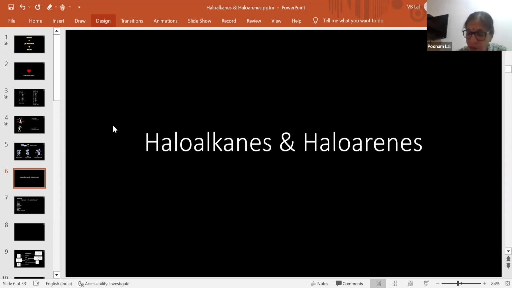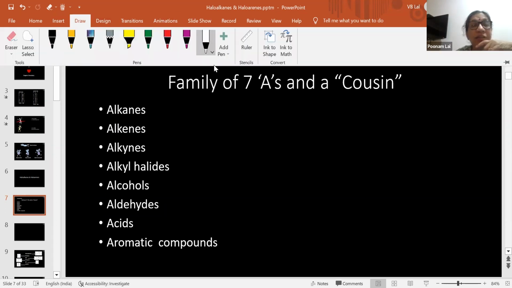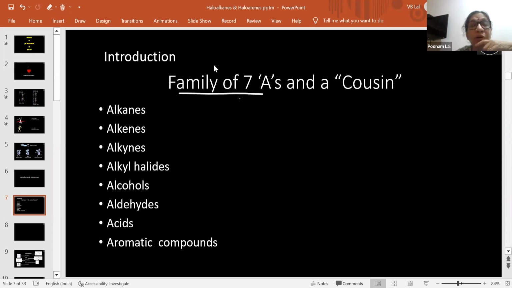Okay. So what I generally feel is that organic chemistry is a family of 7 A's. Okay, so which are the 7 A's? You can see: alkanes, alkenes, alkynes, alkyl halides, alcohols, aldehydes, and I have not taken them separately, but the ketones come along with alkyl halides.